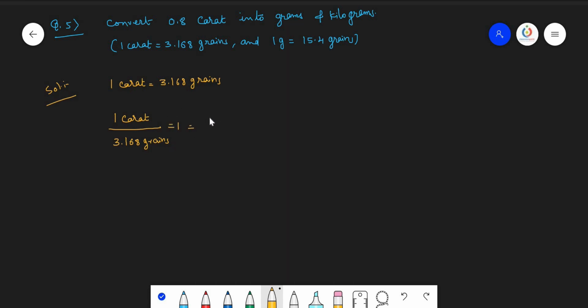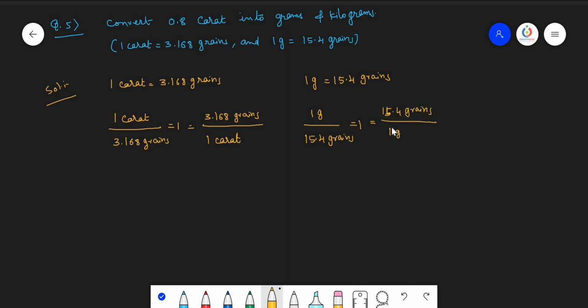Next, reverse it: 3.168 grains divided by 1 carat. This is the factor. And the second one is grams: 1 gram is equal to 15.4 grains. For this the factor is 1 gram divided by 15.4 grains, which equals 1, and the reverse is 15.4 grains divided by 1 gram. This is another factor.